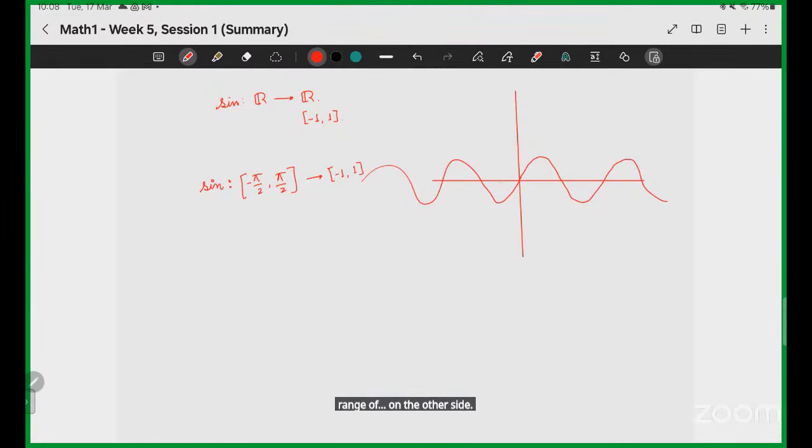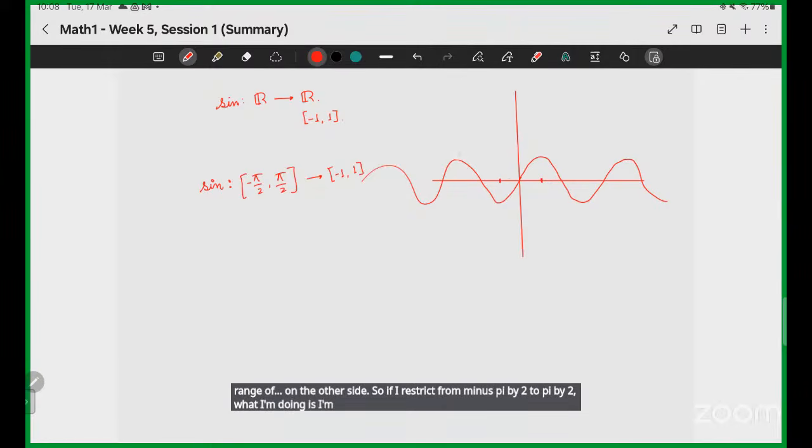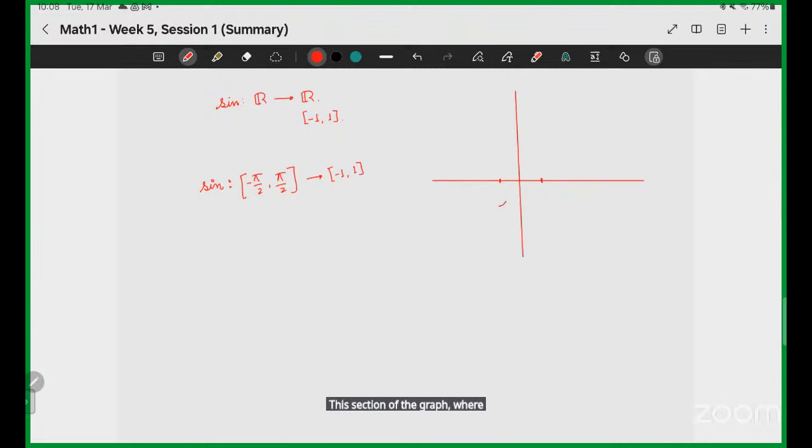So if I restrict from minus pi by 2 to pi by 2, I'm just focusing on this section of the graph where it starts at -1 and goes to +1, something like this.